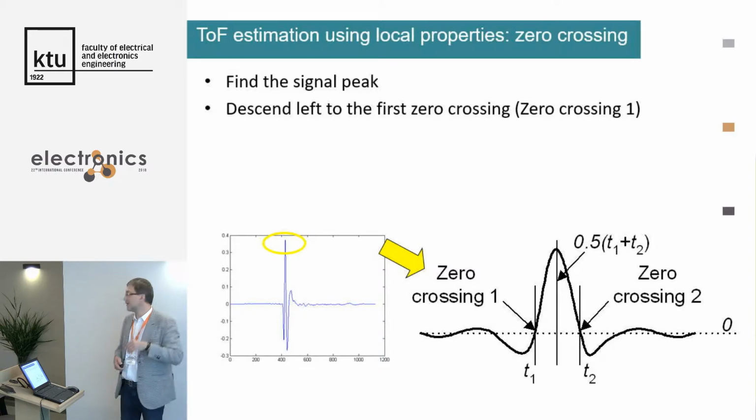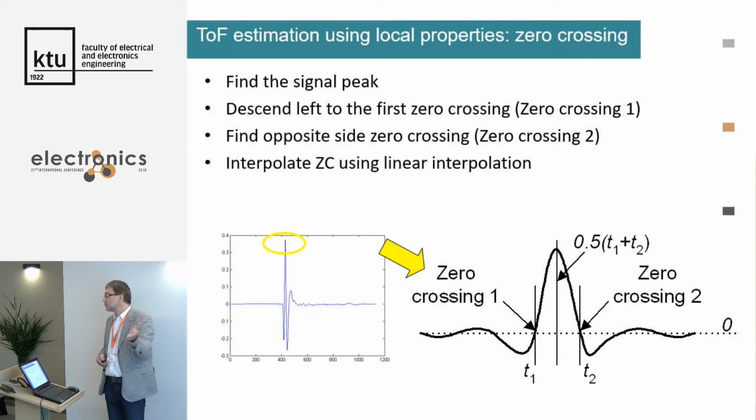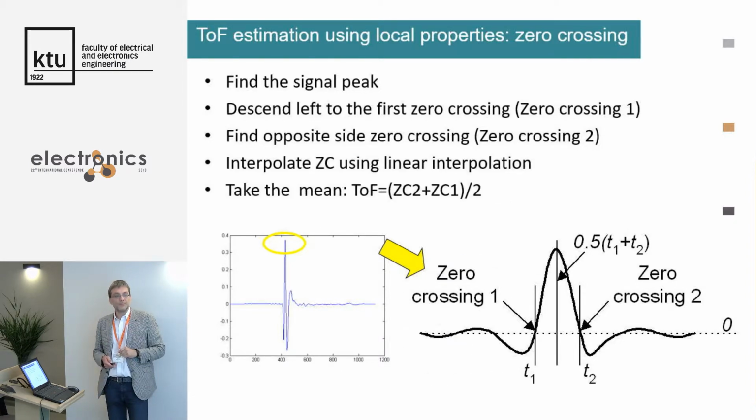First we take a certain level crossing to know that the signal has already arrived, and only after that we take the zero crossing. Zero crossing is prone to certain errors, but at least the error dependence on the amplitude of the signal is avoided. And of course you can use two zeros and then combine those two.